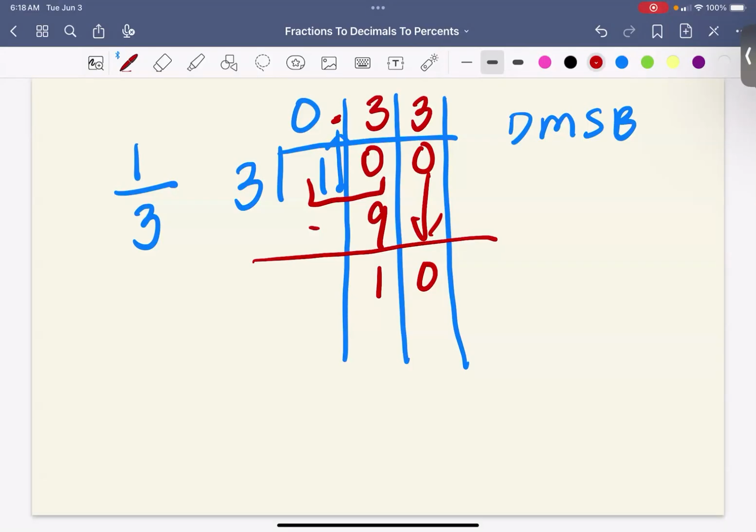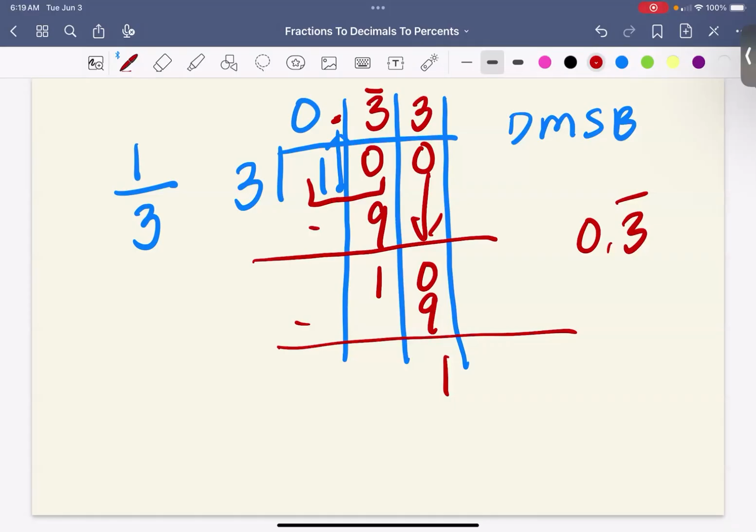So put the 3 there. Then we subtract, we get 1 again. So this is also a repeating decimal. So I put the line over the first number that is repeating. So I could write this as 0.3 repeating.